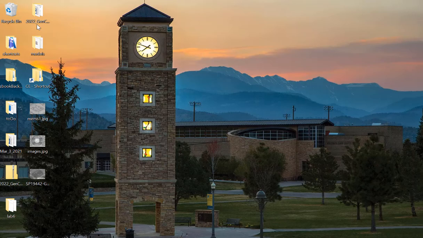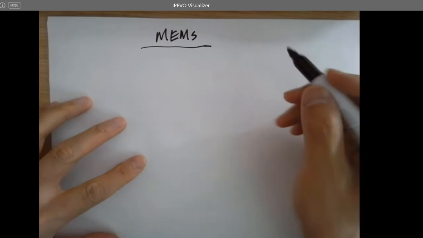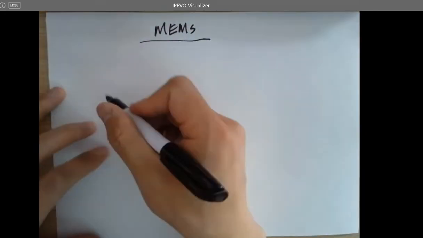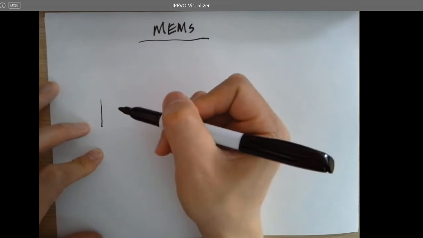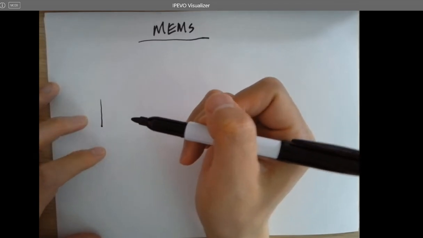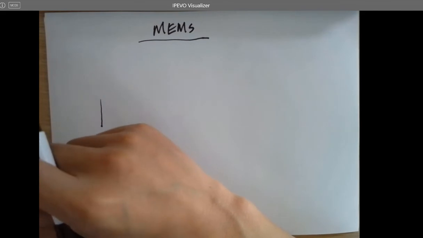So let me just show you the process of how we do it. For the photolithography we did in the lab, very simple ones, we use AutoCAD to draw it.